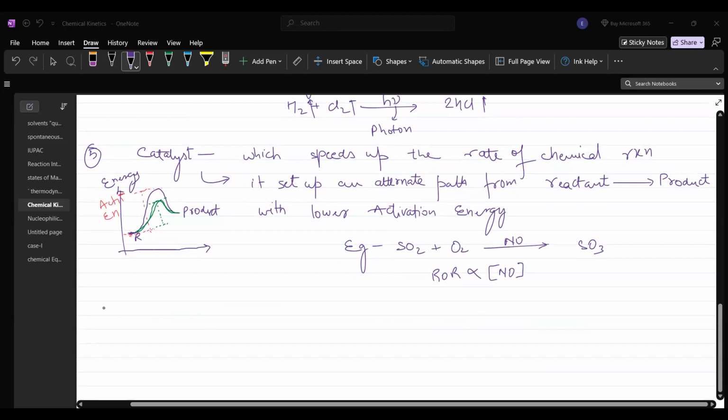Now finally we have temperature. The general thing is, since this is not true for all reactions, that is why we are writing generally, generally ROR increases on increasing temperature.